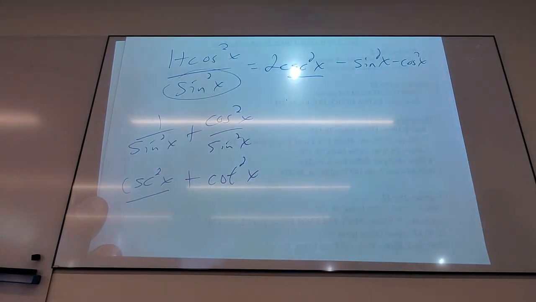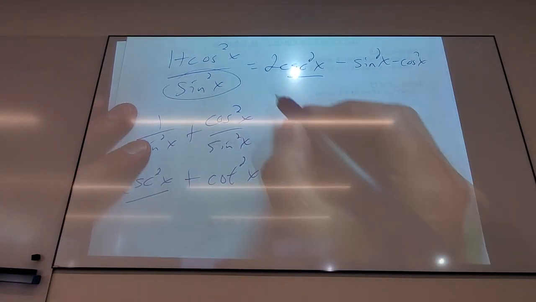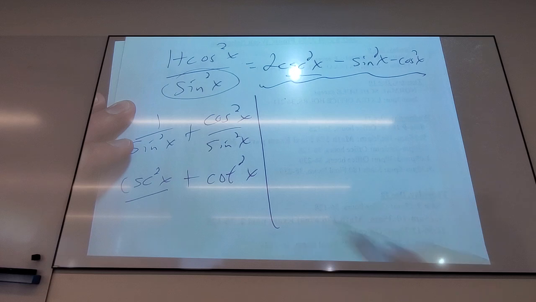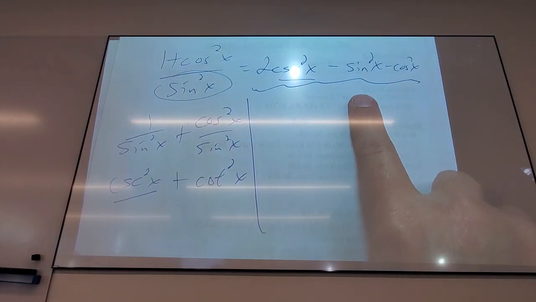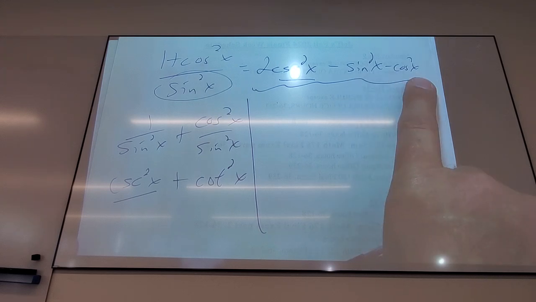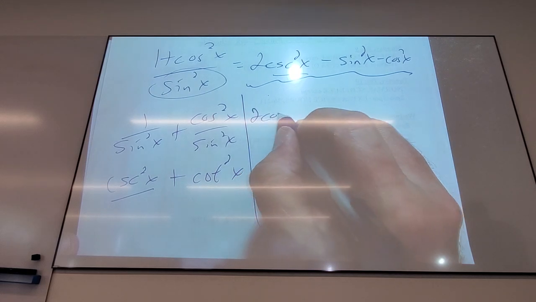You see how you're a little closer? Now, is there anything I can do on this side? Negative sine squared x minus cosine squared x is negative 1.